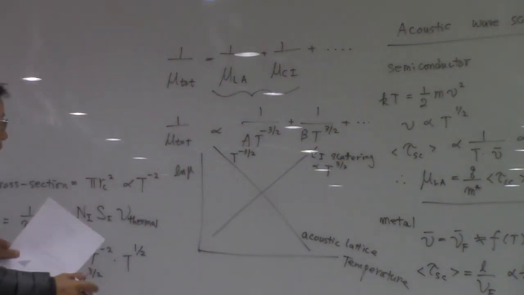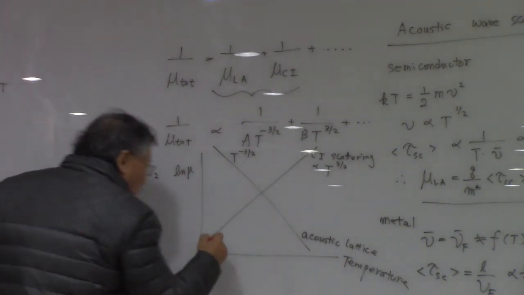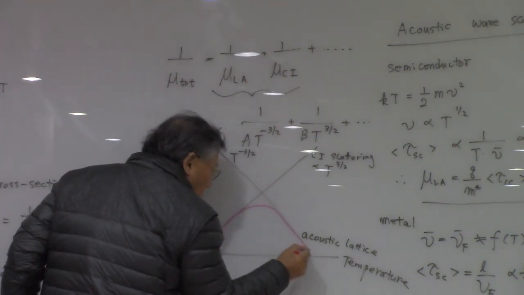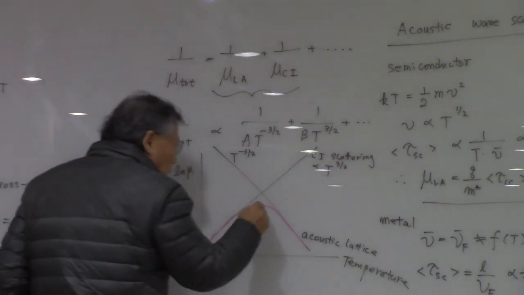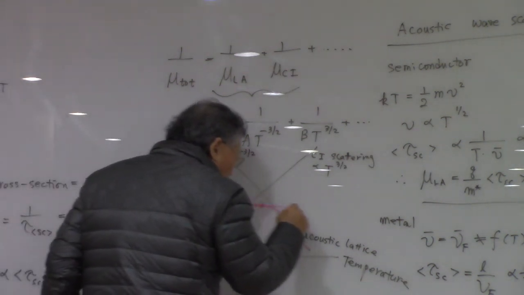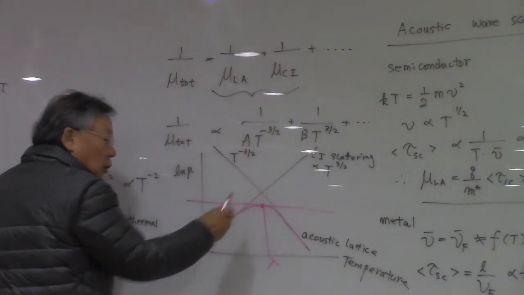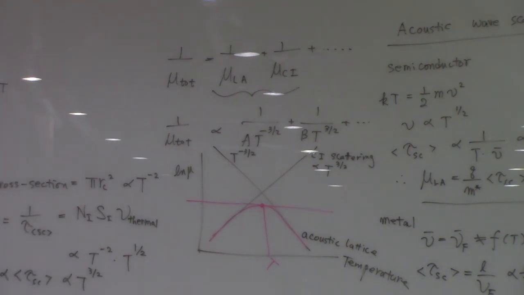So if it is added, finally what you're going to have in your material is a temperature dependence of the mobility, something like this. And the important feature of this is that you are going to have a temperature which shows the maximum mobility of the material, the maximum mobility of the free carriers.